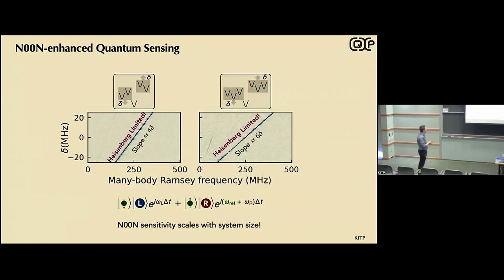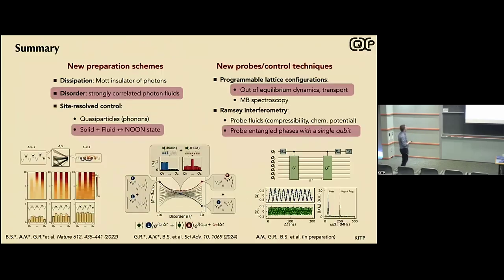And we indeed see that both for a 5-qubit NOON state and a 7-qubit NOON state, the Ramsey frequency is shifted as a function of delta, but you get an enhancement that scales with the system size, and this is your Heisenberg limit. This was just a different way of clearly seeing that we indeed prepared this NOON state, just by looking at it as a sensor.